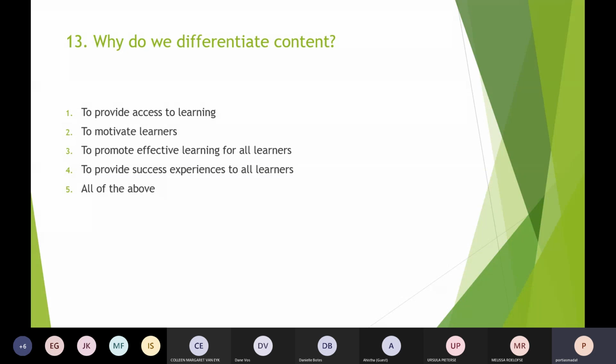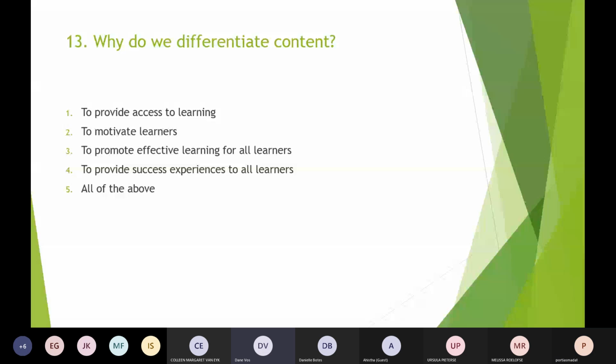Shyam also says number 5. Colin, what do you think? I'm still reading them through. All right. Danae, do you have an answer for me yet, or a possible answer to the question? I think it is 5, all of the above.